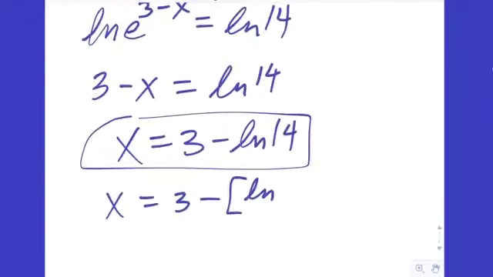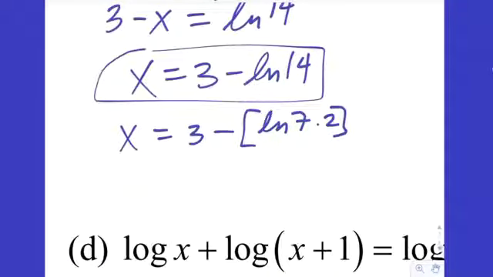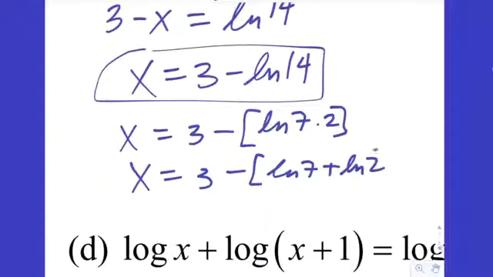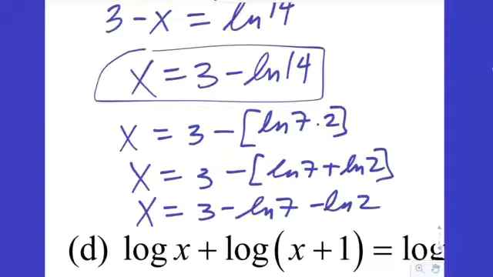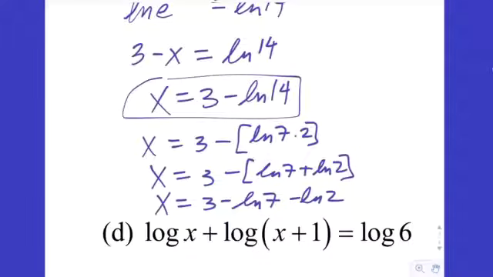We can call the natural log of 14 the natural log of 7 times 2. Yes? And so that becomes 3 minus the quantity natural log of 7 plus the natural log of 2, which now if I distribute, I get 3 minus the natural log of 7 minus the natural log of 2. So you can see the power of logs right away.